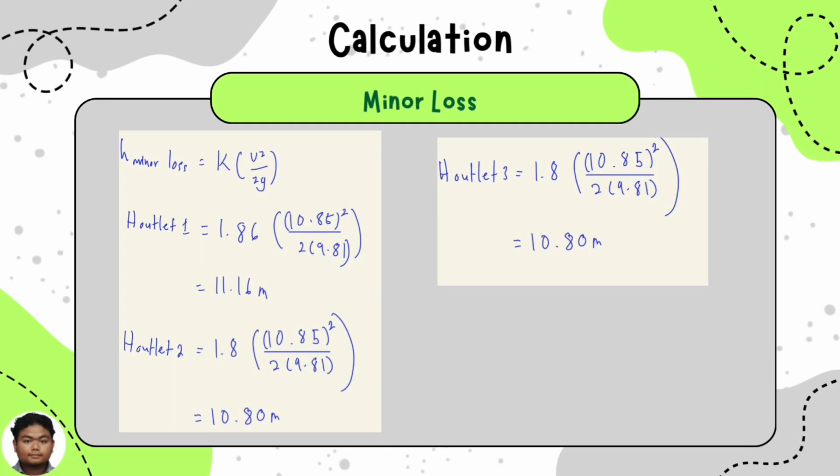Now for the minor loss, we take the equation H minor loss equals K, which is the coefficient, times V squared over 2g. Then we put in the information. We get outlet 1 equals 11.16, outlet 2 is 10.80, and outlet 3 is also 10.80.